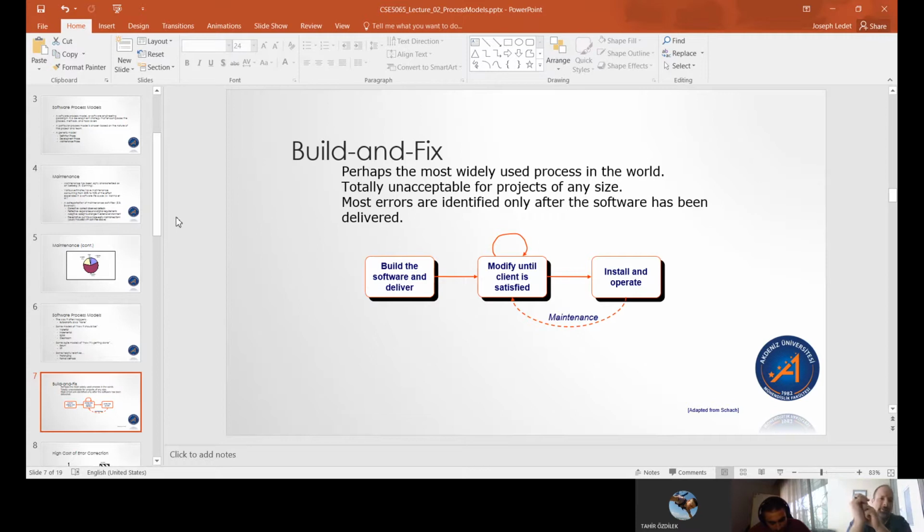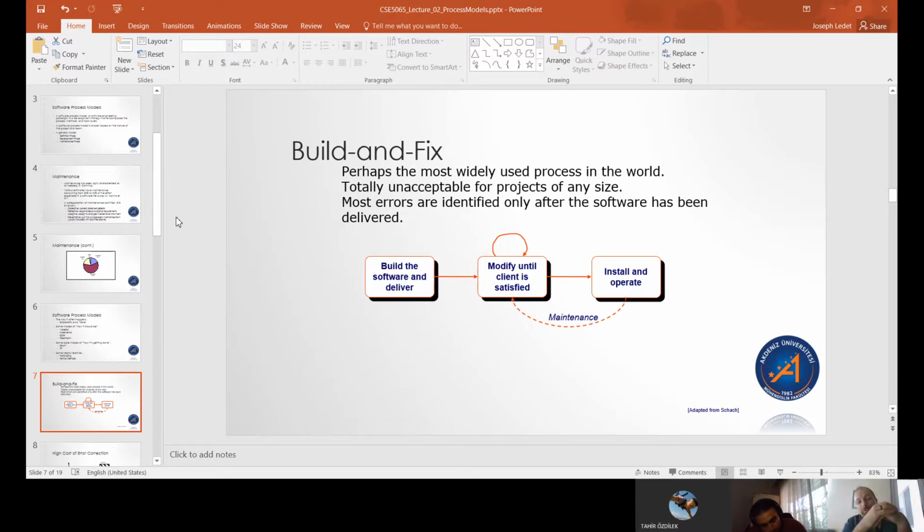Okay. So this slide right here is the most widely used process in the world. And the reason why is because it doesn't require anything of us. We don't have to have documentation that describes how our process works. We don't have to add anything. We don't have to use any tools to help us do our process.